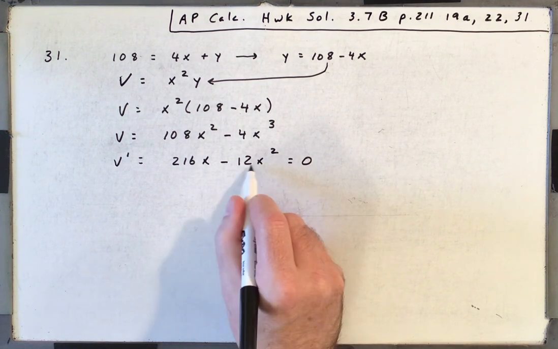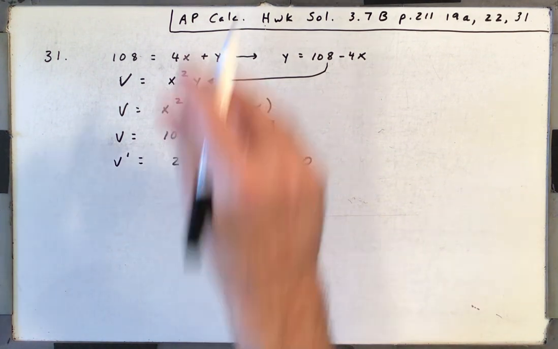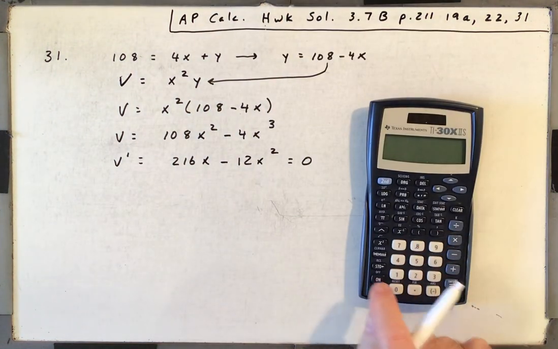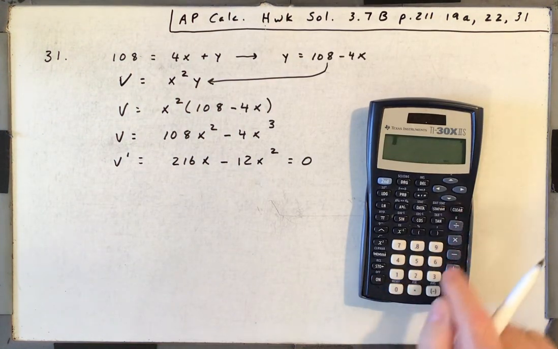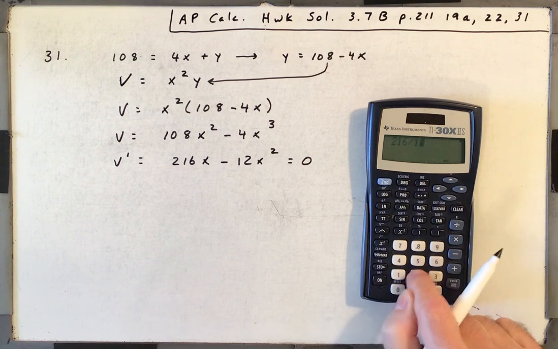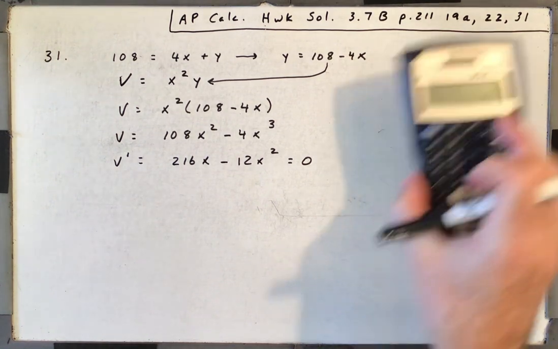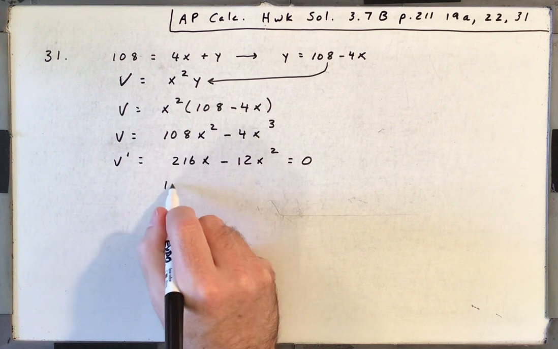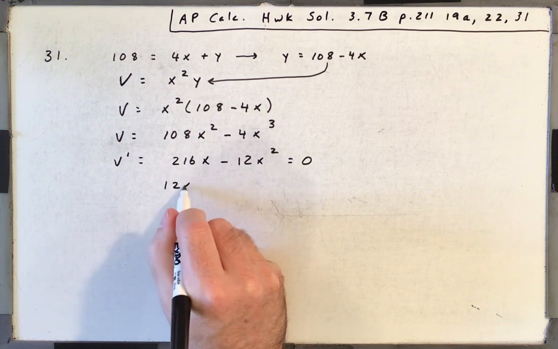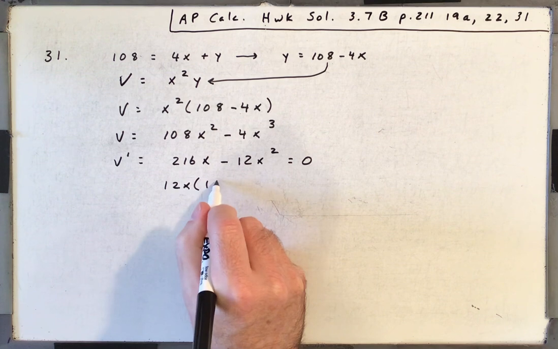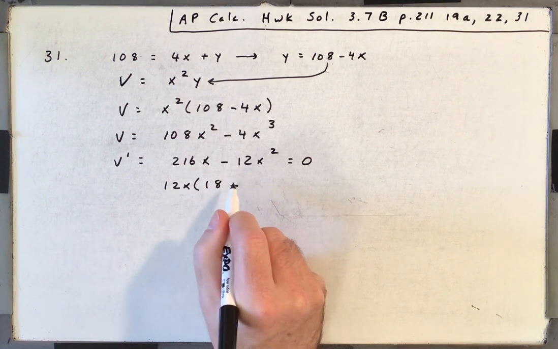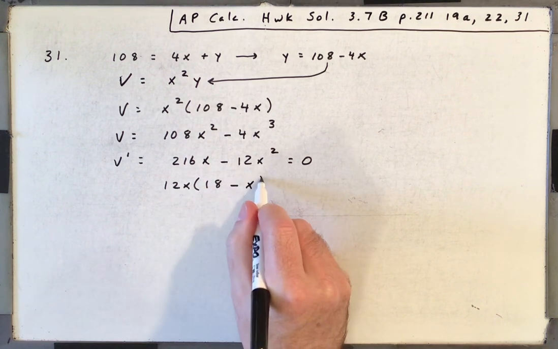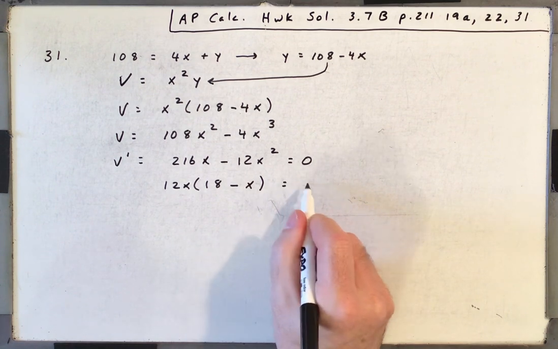So we could factor out a 12x, because if you look at your calculator, 12 is a factor of 216. 216 divided by 12 is 18. So I would factor out 12x, and I would have 18 minus x equals 0.